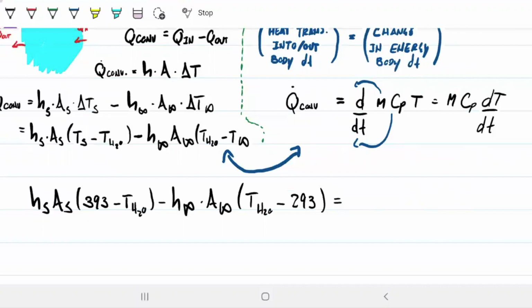And this has to be equal to mass C sub P and the way that my temperature is varying with time. Cool. What is next? Well, we have this and we have this, so we can plug those guys in.